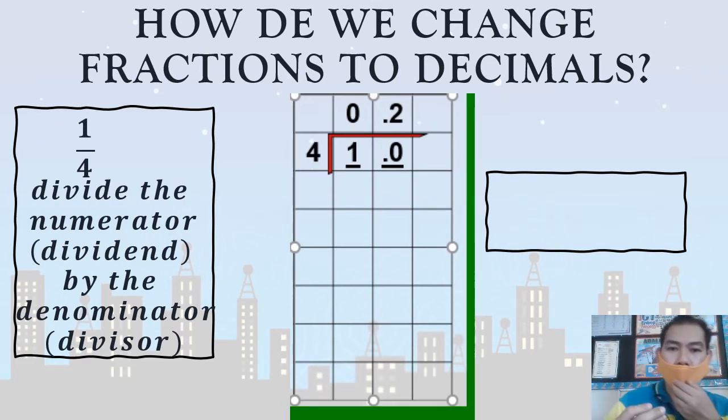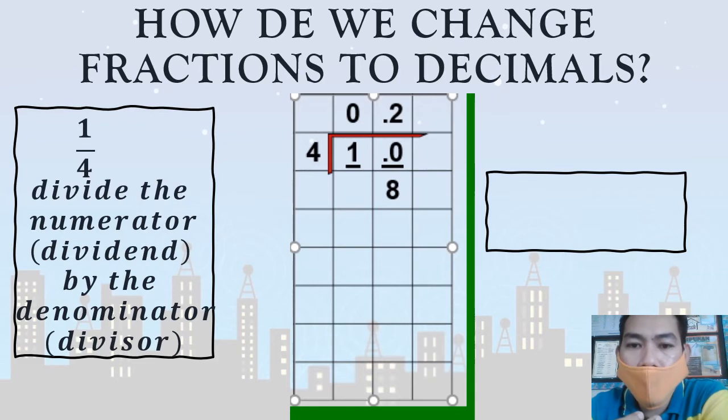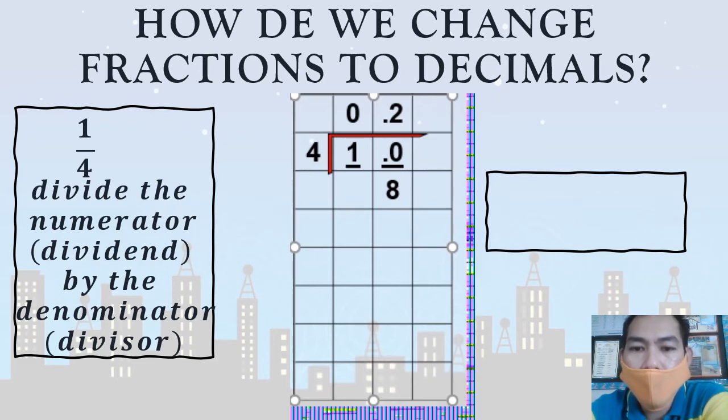So there are two fours in 10. So 2 times 4 is actually 8. And then 10 minus 8 is 2.